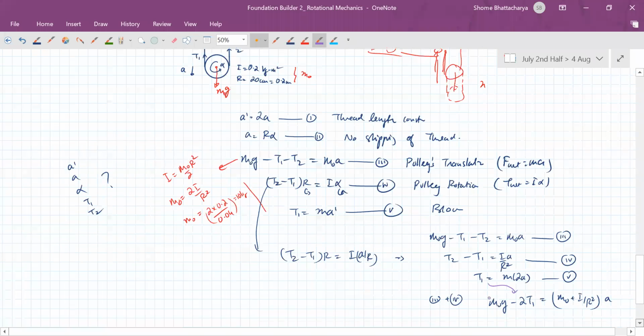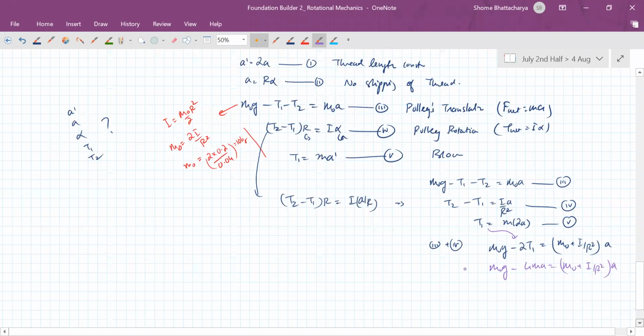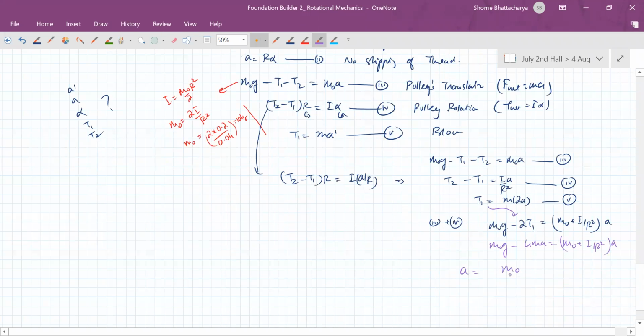So we'll get m naught g minus 2 times this, so it will become 4ma, is equal to m naught plus I by r square into a. So finally from this we get the acceleration as m naught upon m naught plus 4m plus I by r square into g. And we can substitute all this now.